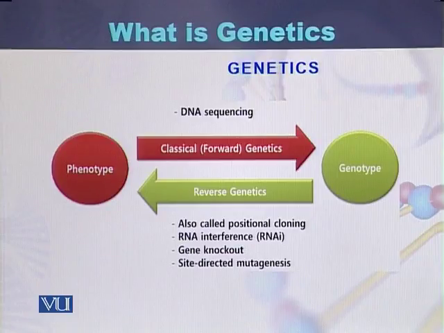There are different methodologies used for studying the reverse pattern of genetics: positional cloning, RNA interference, gene knockouts, and other methods used to study the phenotype based on the genotype.